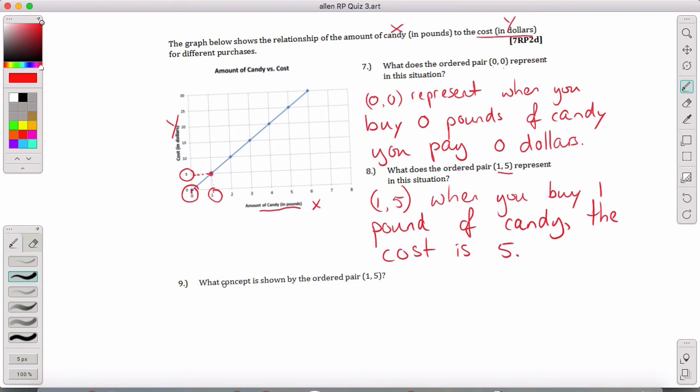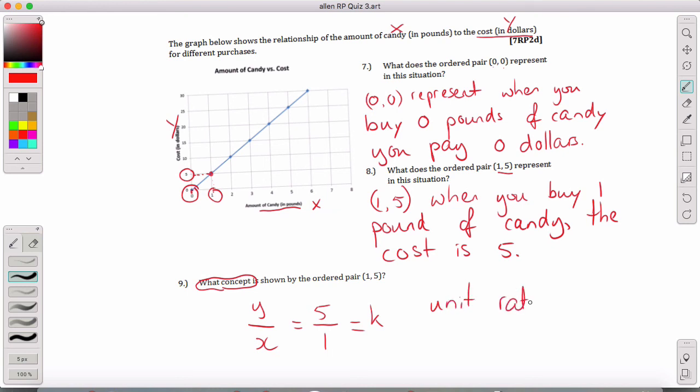What concept is shown? Aha, the mathematical concept of 1, 5. Well, I can write it like this. Y over X, my Y number is 5 over 1. Ooh, that looks familiar. That is my K number. That's K. That's my unit rate.